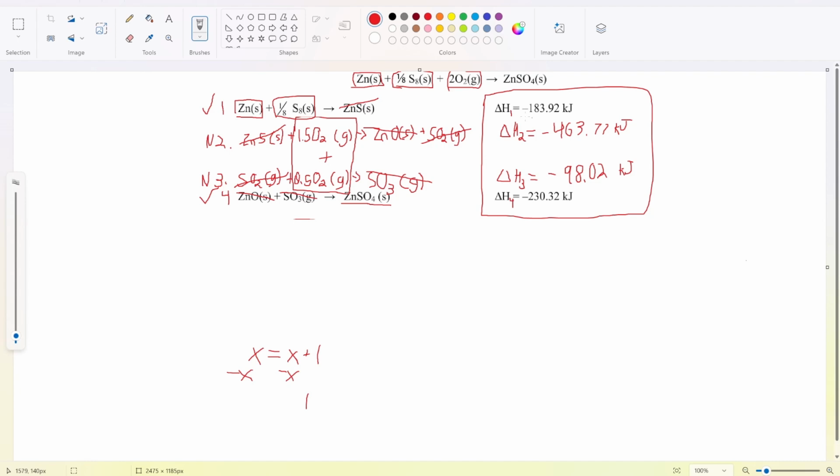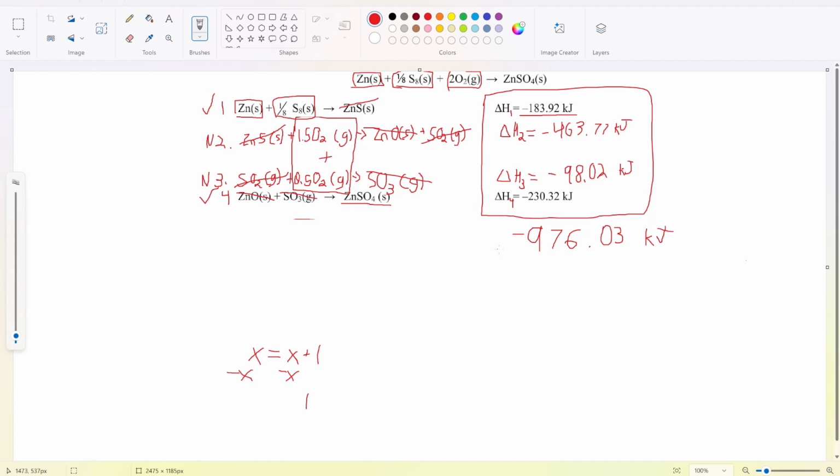We add negative 183.92 plus negative 463.77 plus negative 98.02 plus negative 230.32 kilojoules, which gets you negative 976.03, right? Kilojoules.